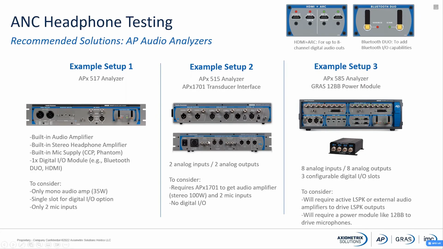So basically, you are connecting the 1701 via USB to the same computer where you have connected the analyzer, and then the APx500 software will automatically detect that the 1701 is connected, and you will be able to see the inputs and outputs in the software. So you can use it with any analyzer of the APx hardware line.